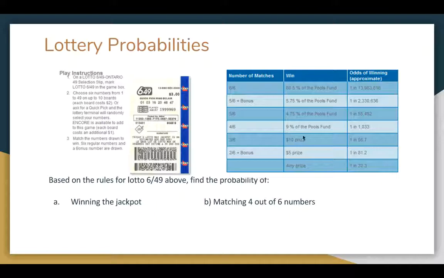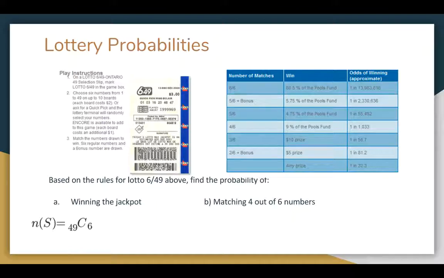One more example, with the lottery, and this is actually from the Lotto 6/49 website. It's here to check out, and we're going to do 2 of these probabilities and prove that they're the same. Find the probability of winning the jackpot. So n(S) is 49 choose 6. Order doesn't matter with the lottery.